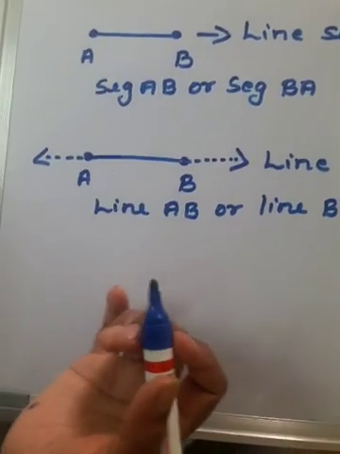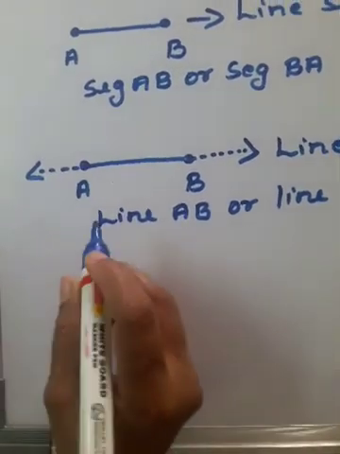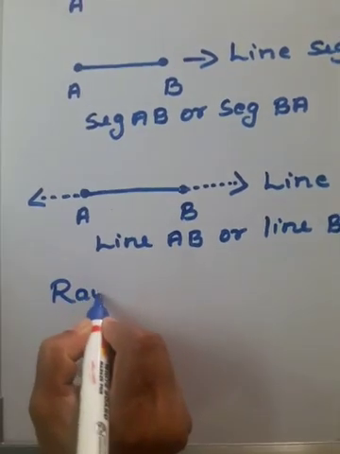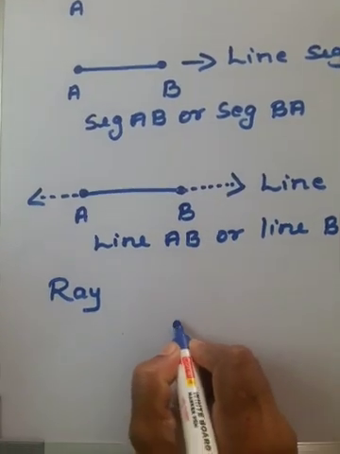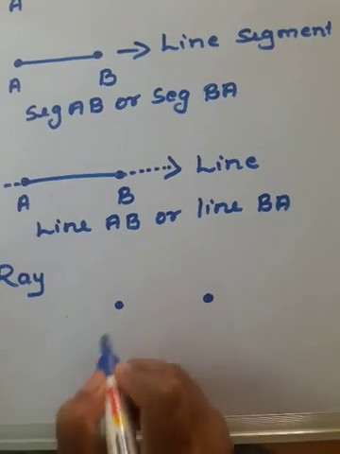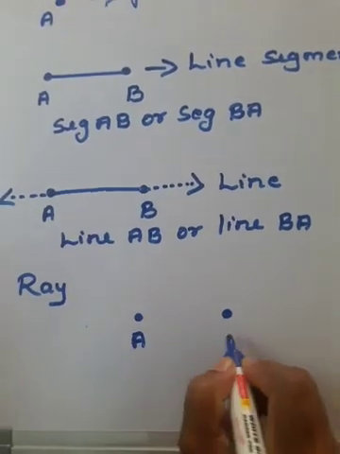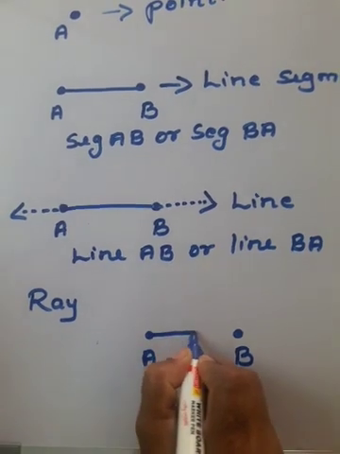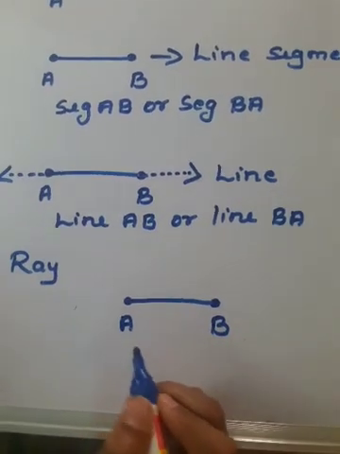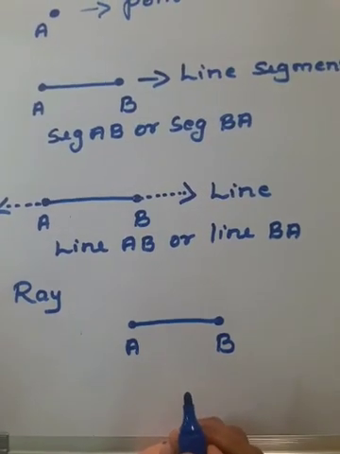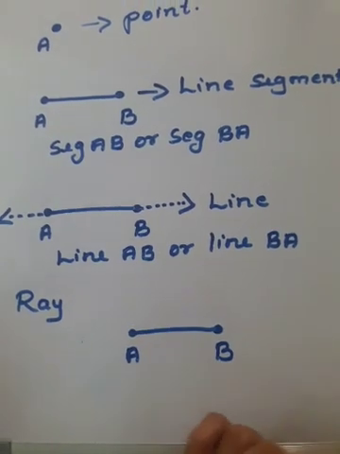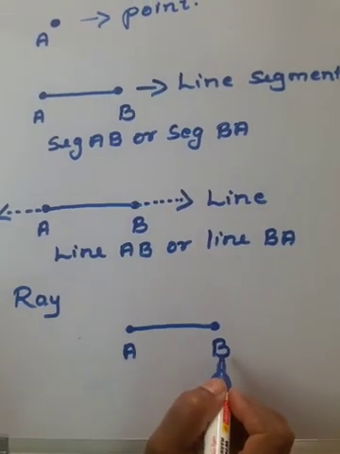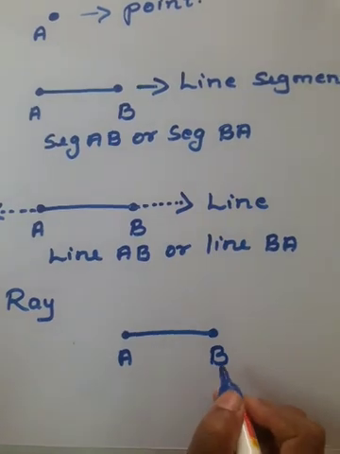Now let's see what is a ray. So here 2 points are given. This is point A and this is point B. So when we join the 2 points, we get a line segment. Now what happens if we extend the line segment only in one direction?